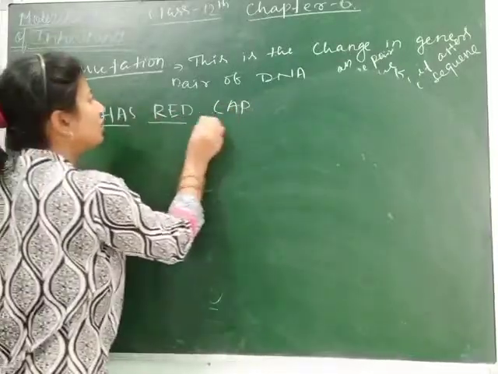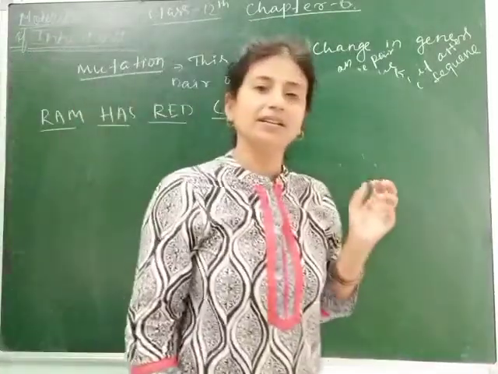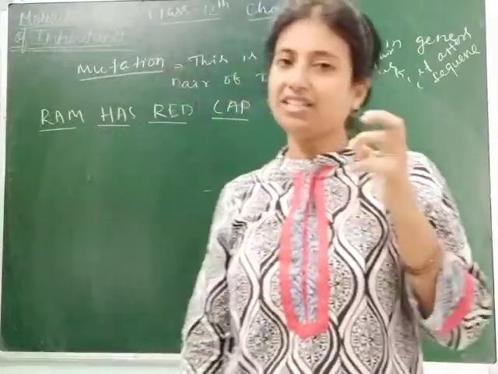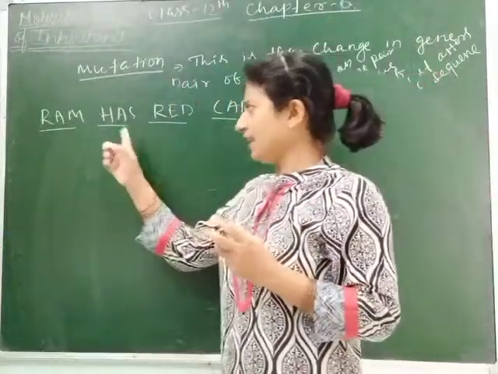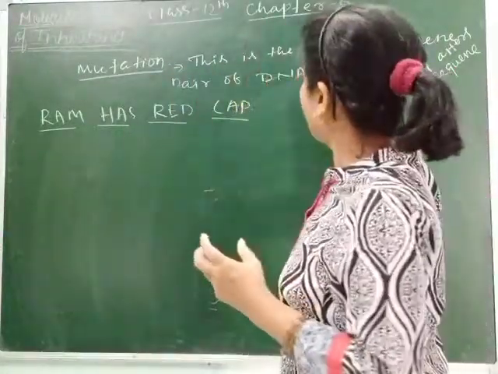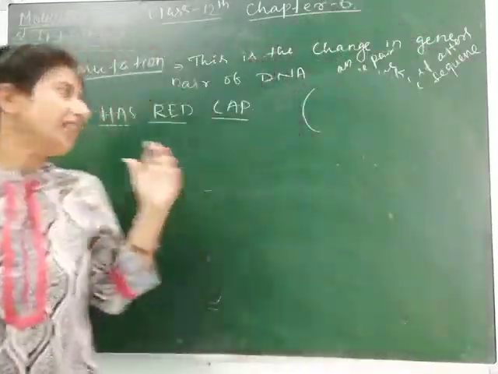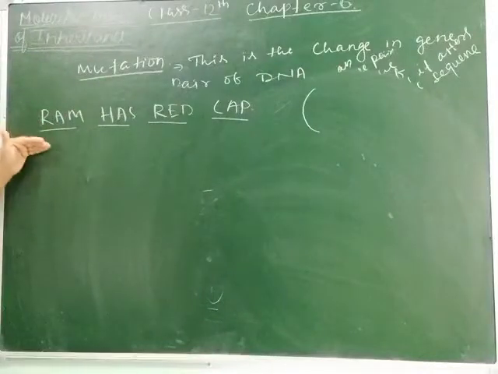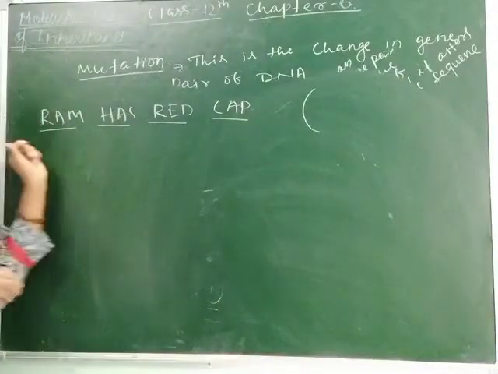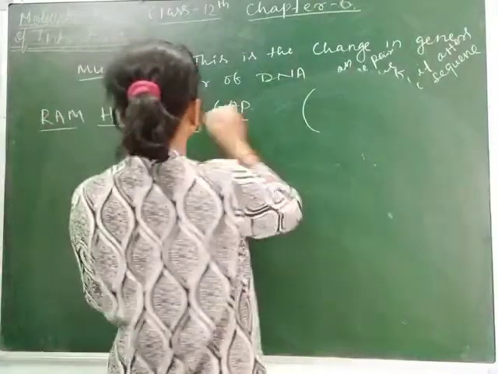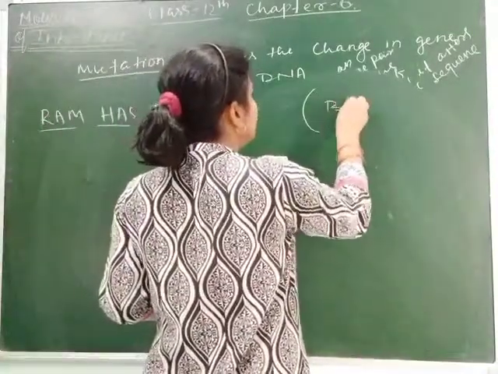As we know, codons always exist in triplets. If we add a word, we should add the letters in sequence. Clear? Suppose we will add big.